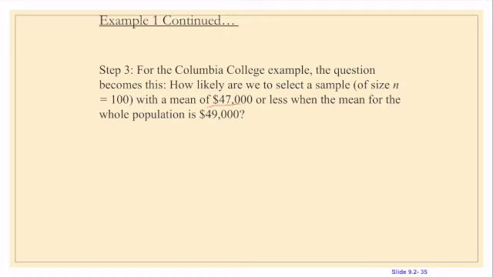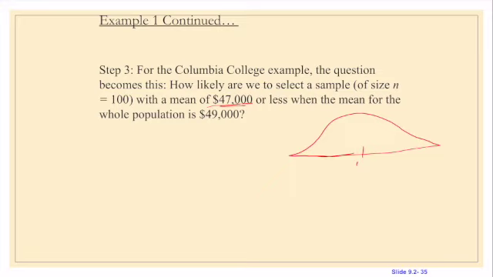This is bringing it back to the sampling distribution of means, right? I've got $49,000. I have over here $47,000, and I need to know the likelihood of this. This is left-tailed, right? Here's our left tail. I need to find the area in here, okay?